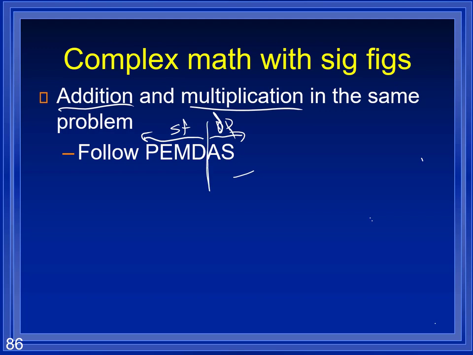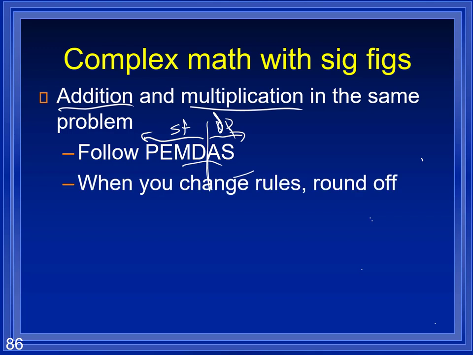So when I make that switch from multiplying and dividing to adding and subtracting, when I change rules, when I change sig fig rules, I need to stop and round off. Because if one tells me to round to the second decimal place and the other one tells me to round to 3 sig figs and they disagree with each other, which one do I follow? Well, the answer is you follow the right one when you're done doing that math.